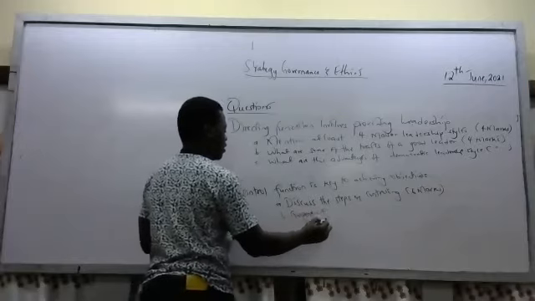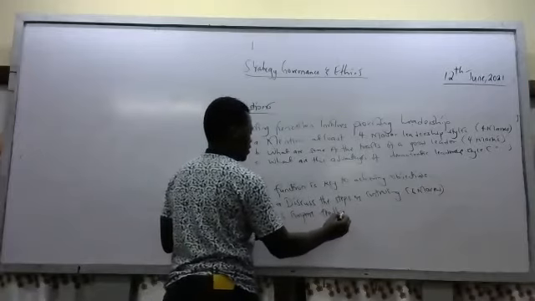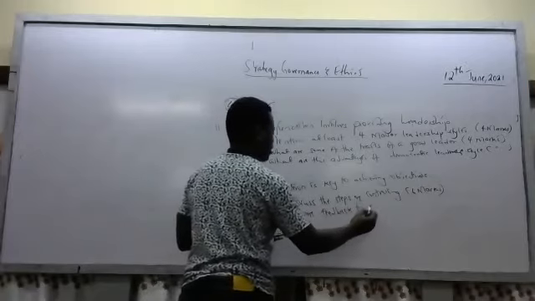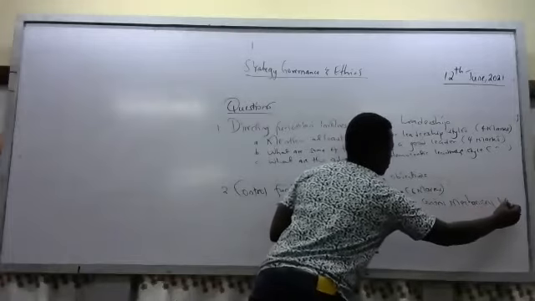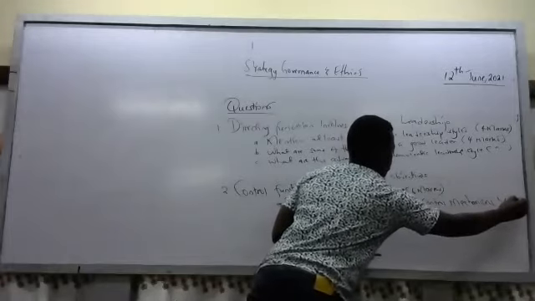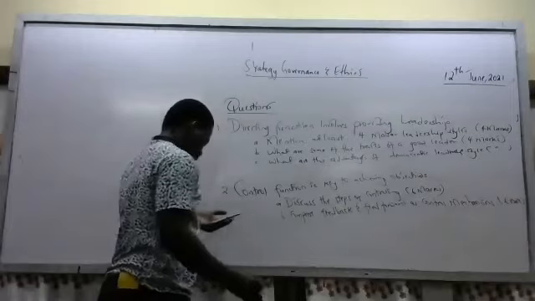B, compare feedback and feed forward as control mechanisms. 6 marks.